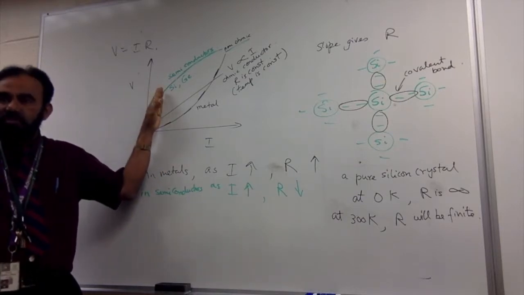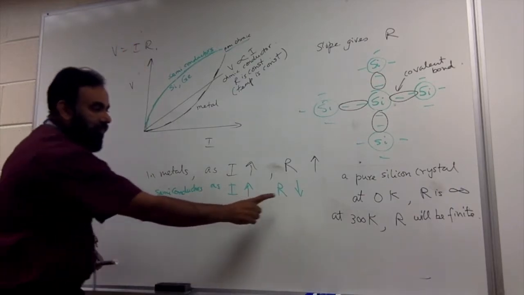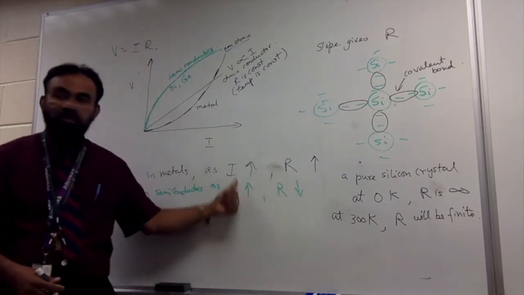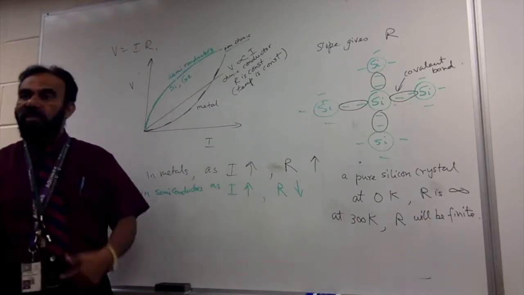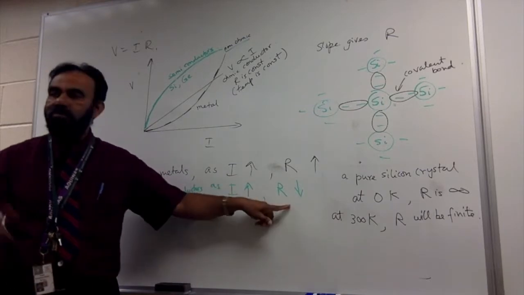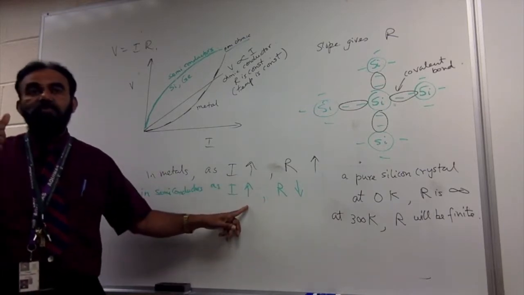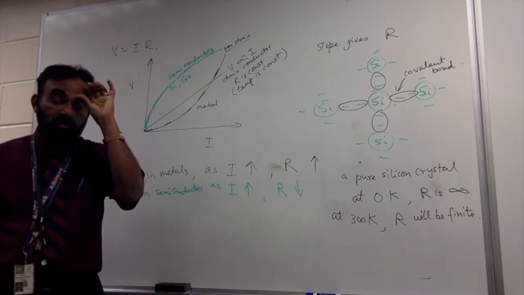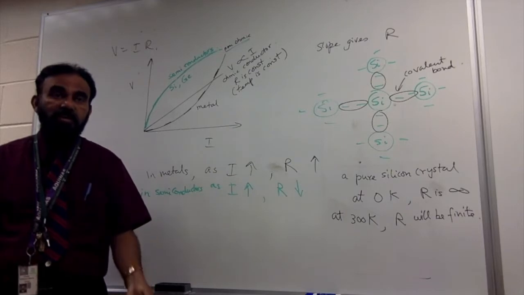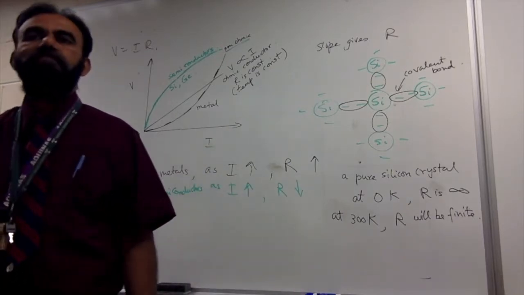Temperature rise reduced resistance. Reduction of resistance made the current go up, right? And that will cause more heating. That will cause resistance to drop further. That will make the current go up further, and eventually it will just burn up. If you just let a current go through a semiconductor in that manner, it will just destroy itself.